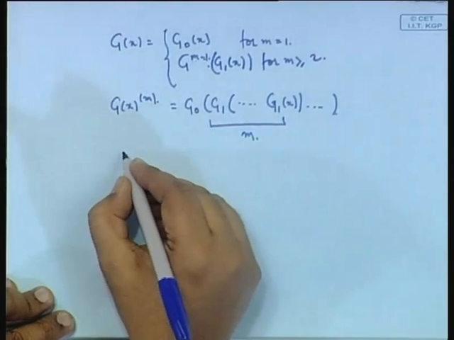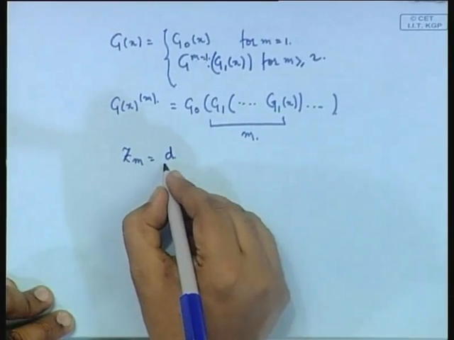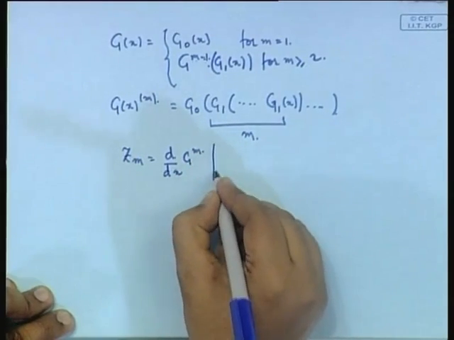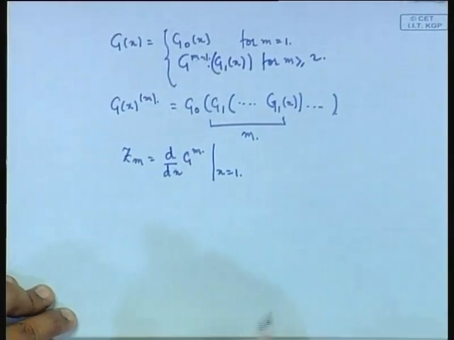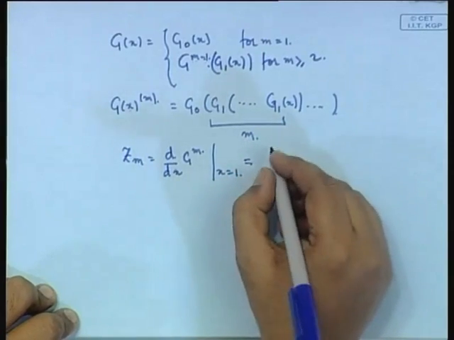Okay. So now, Zm is what? It is d dx of Gm at x is equal to 1. Basically, you are taking this differentiation, Zm, and that gives you what? Tell me.